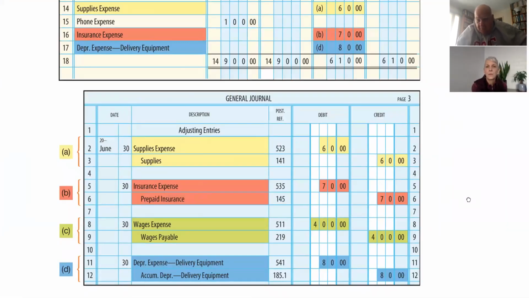And there they are. They're giving you a nice color reference. And notice what I said before: at this level of accounting in 110, an adjusting entry is a search for unrecorded expenses. Debit expense, expense, expense.